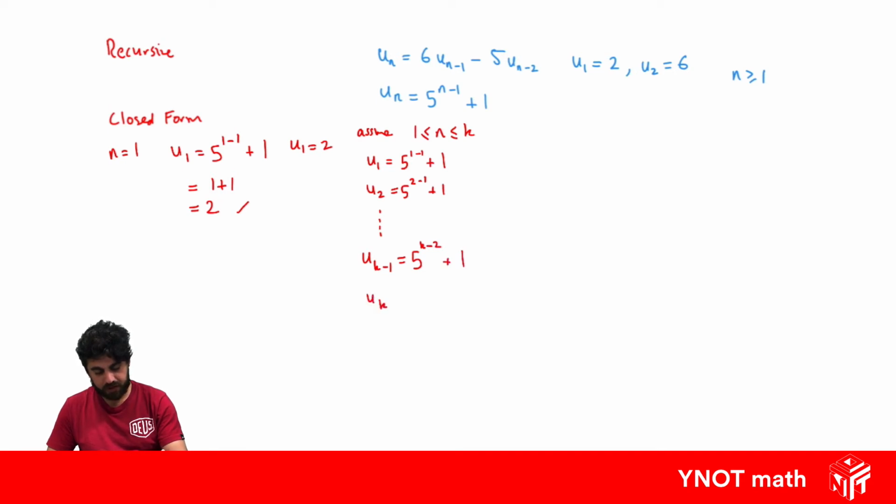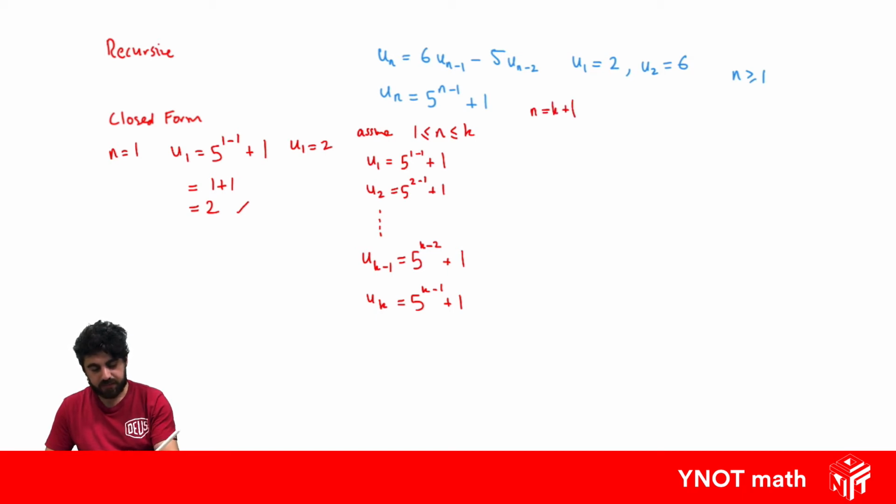Then we're going to get u_k, which is going to be 5^(k-1) plus 1. So we're going to assume that that closed form definition is correct for a value of n equals k. Now we're going to prove true for n equals k plus 1.